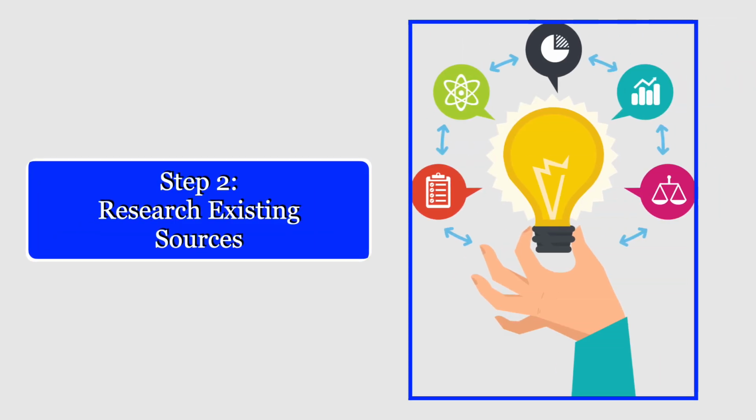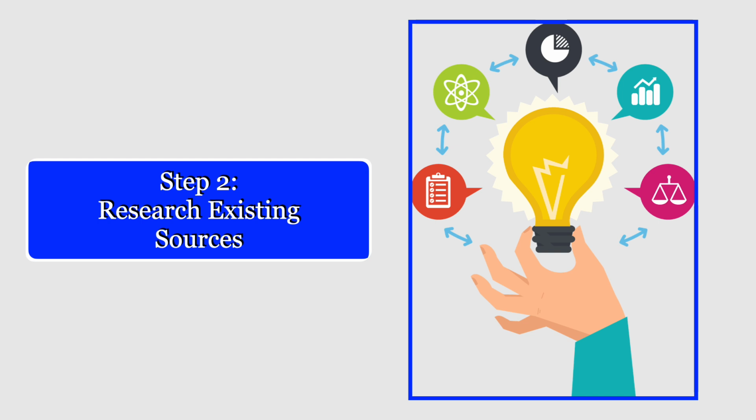The second step is we do what many of you know as a literature review, or we research existing sources. This is where you go to the library or you go online into a library's resources and you get into those academic journals and type in your keywords, and it brings up this whole list of articles that are often hard to read and understand, but nonetheless have a lot of helpful information about what has already been studied and concluded about your question or your topic.